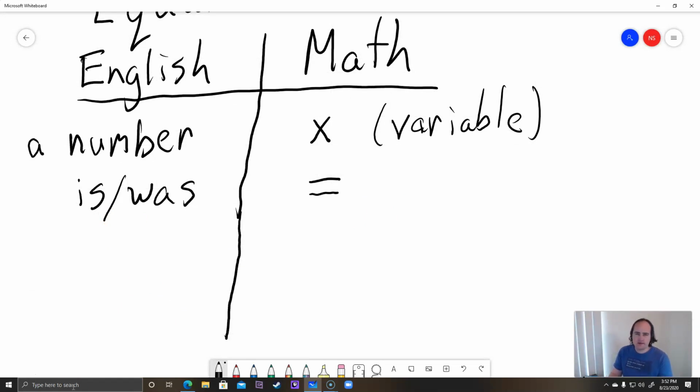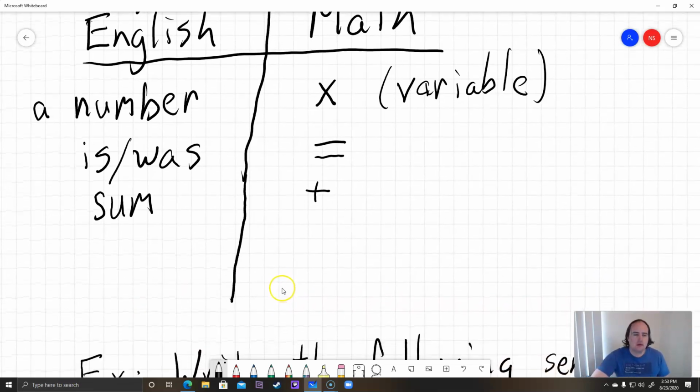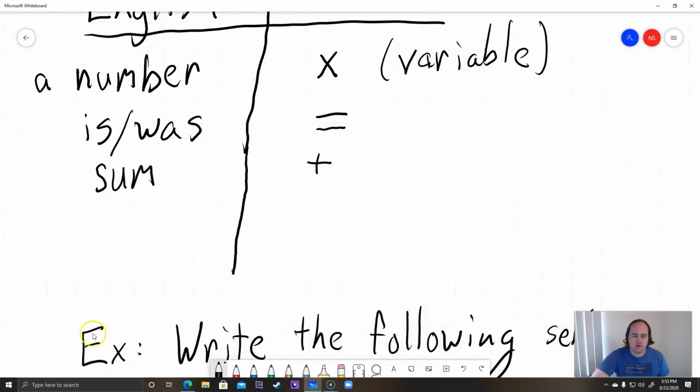The first word I wanted to talk about was sum. Sum means add. S-U-M in English means an addition or plus in math.